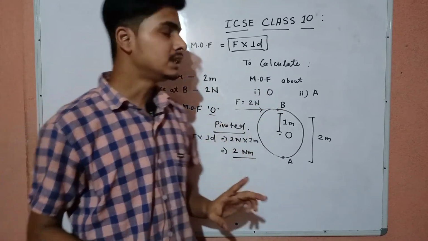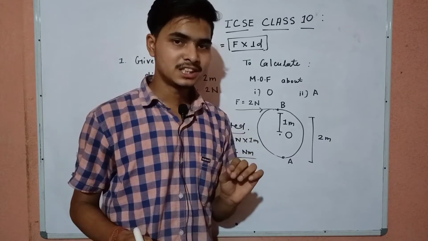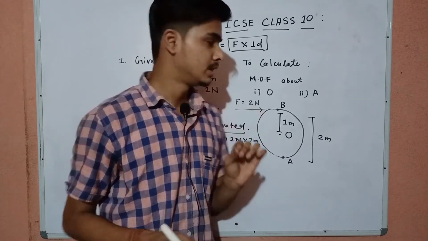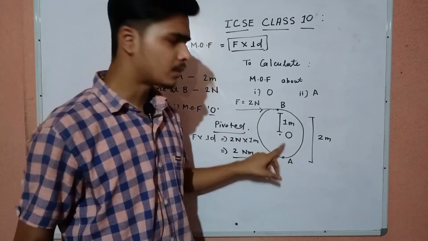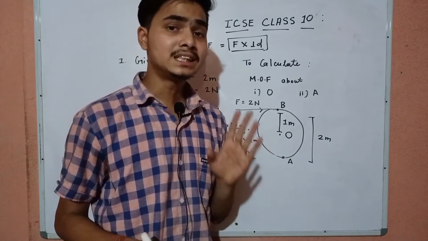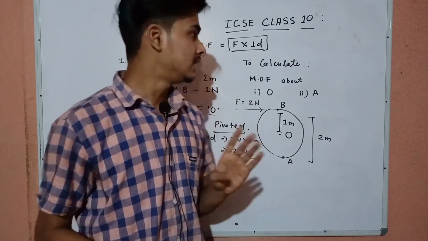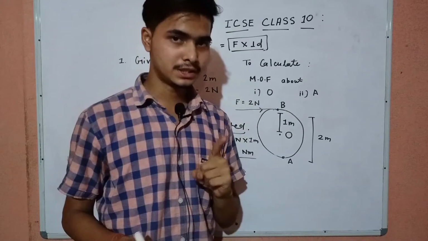I will again say that we take the perpendicular distance from the pivoted point. We do not see the middle point or any other point.